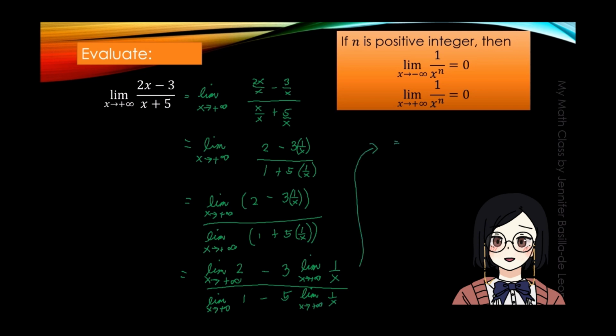Applying further the law, the limit of a constant will be 2, and then we will have 3 times the limit of 1 over x as x approaches positive infinity.